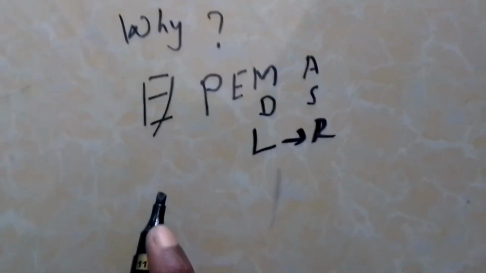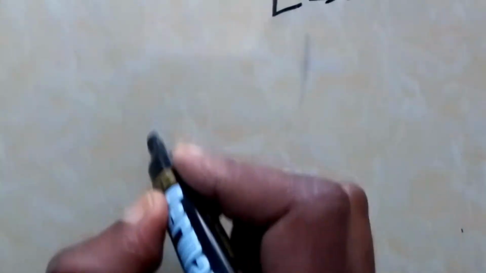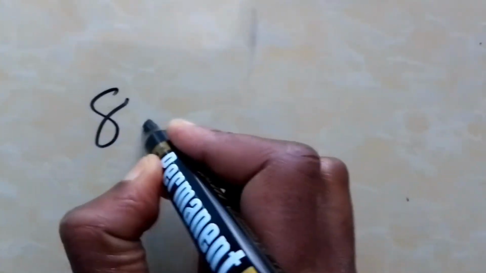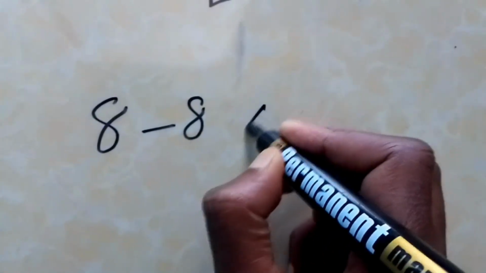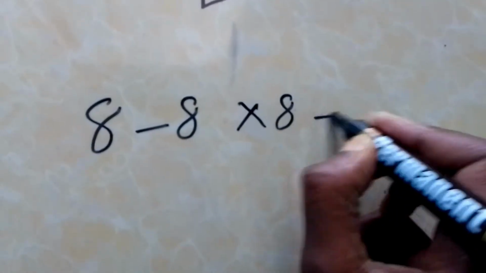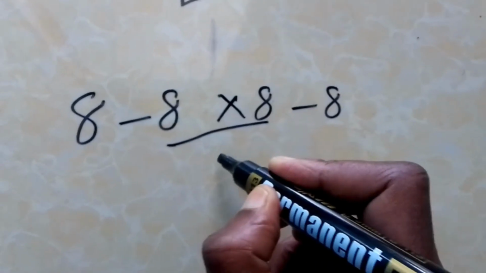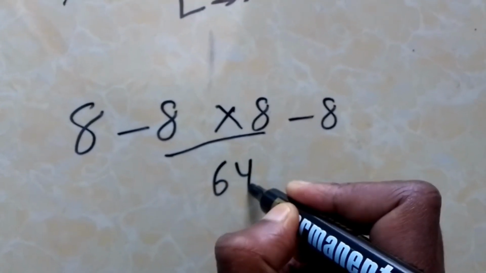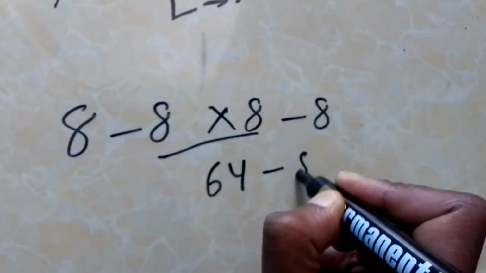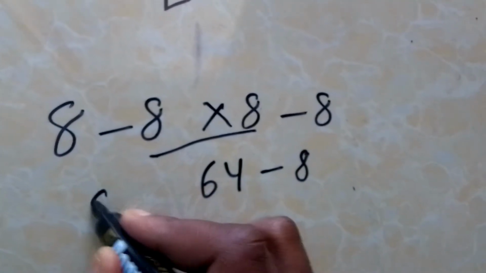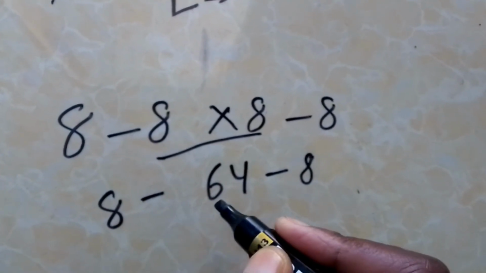So to solve this 8 minus 8 times 8 minus 8, we first multiply 8 by 8, which is 64, so it becomes 8 minus 64 minus 8.